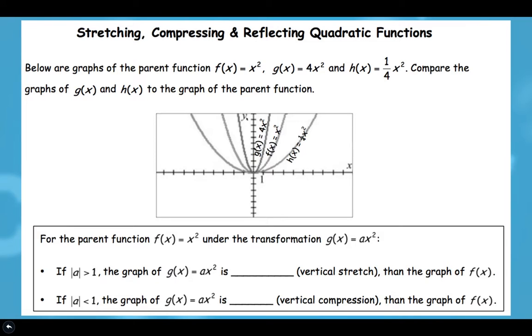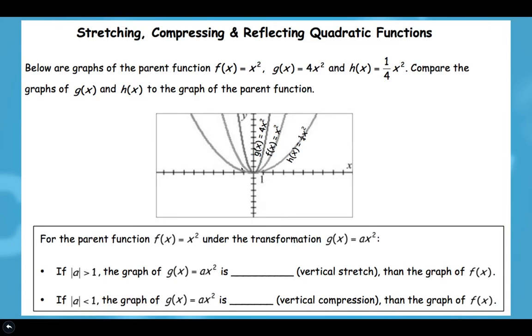What happened? Look at this function, and look at this function. Any ideas? Narrower, yes. The graph became narrower. Awesome. Okay, now what happens when a is less than 1? So 1/4, right over here, that 1/4 is less than 1. The graph became wider. You got it.